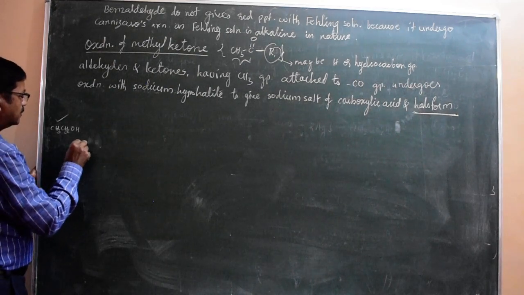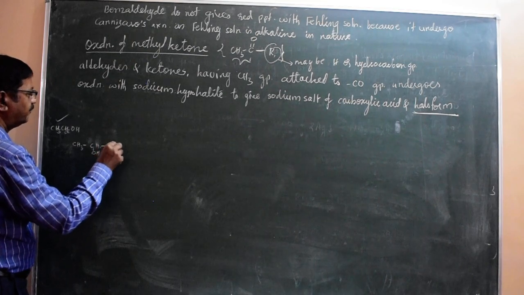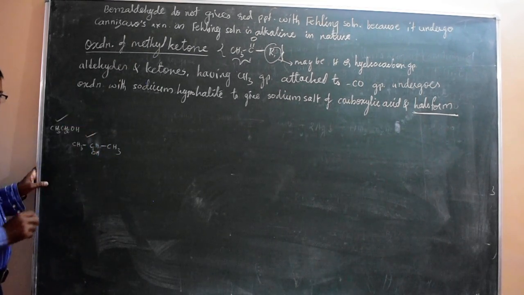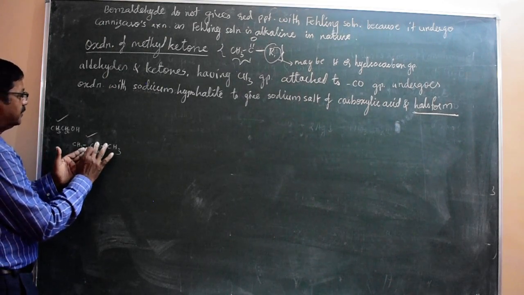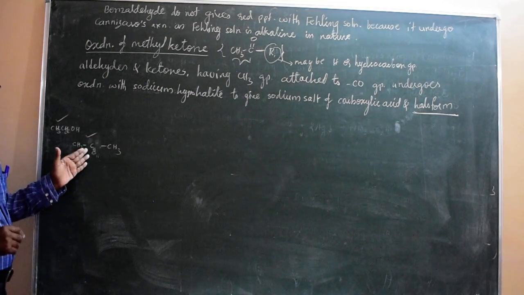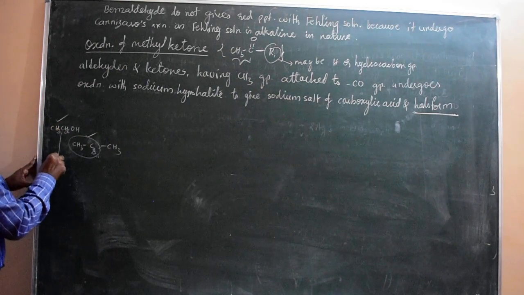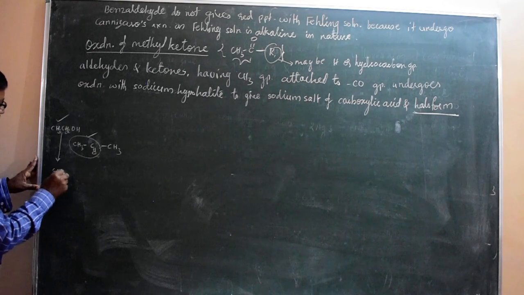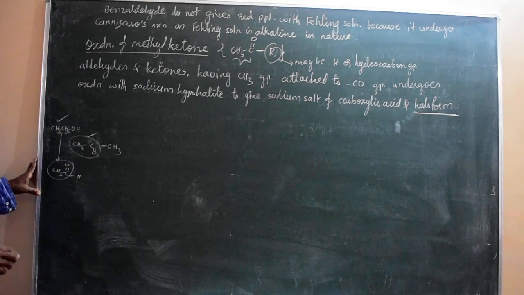Then CH3CHOHCH3 also answers the iodoform test, because this one undergoes oxidation to give C double bond O. So we have a methyl ketone.